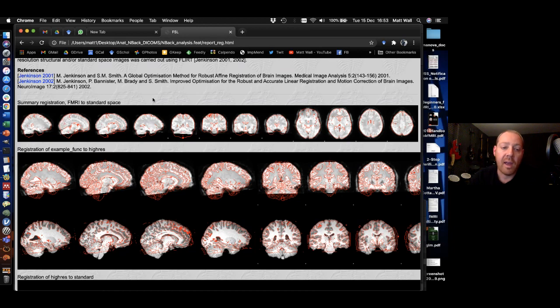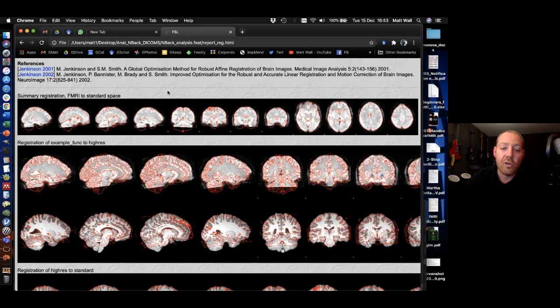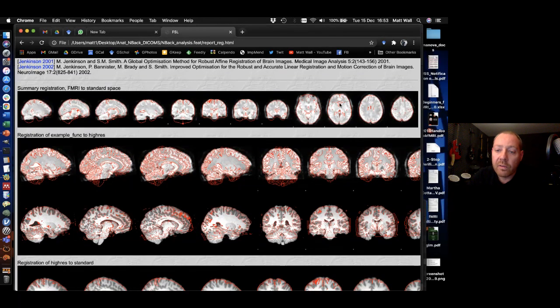So this is showing us the goodness of fit of the overall process that we did. So it's showing us how well our functional data fits on the standard template. That looks pretty good. So we've got the ventricles all nicely lined up there. The outline of the brain is generally good. It's not perfect, but this is about as good as it gets.